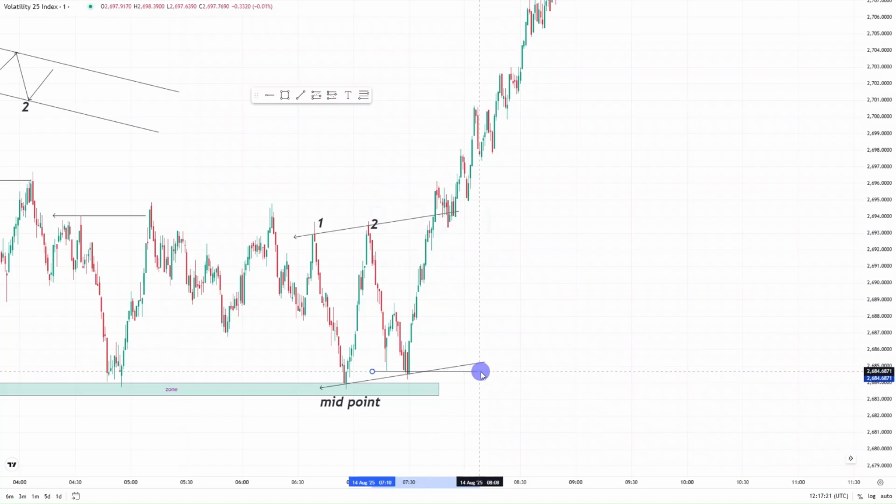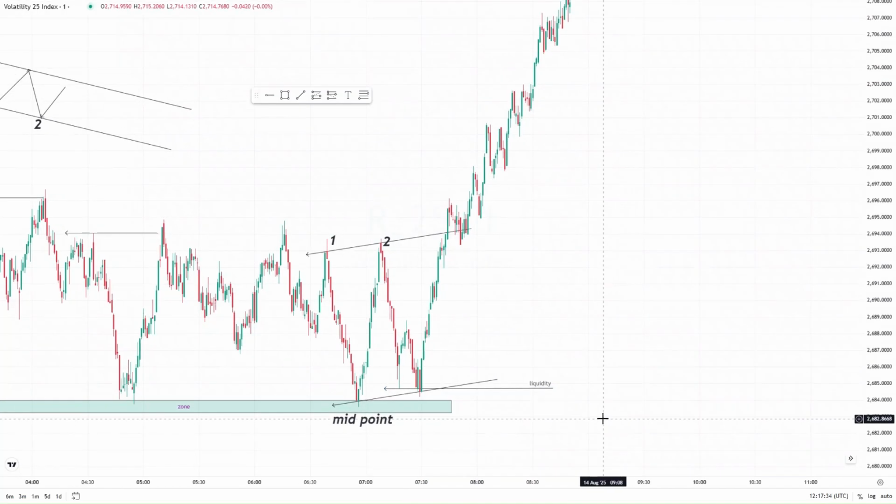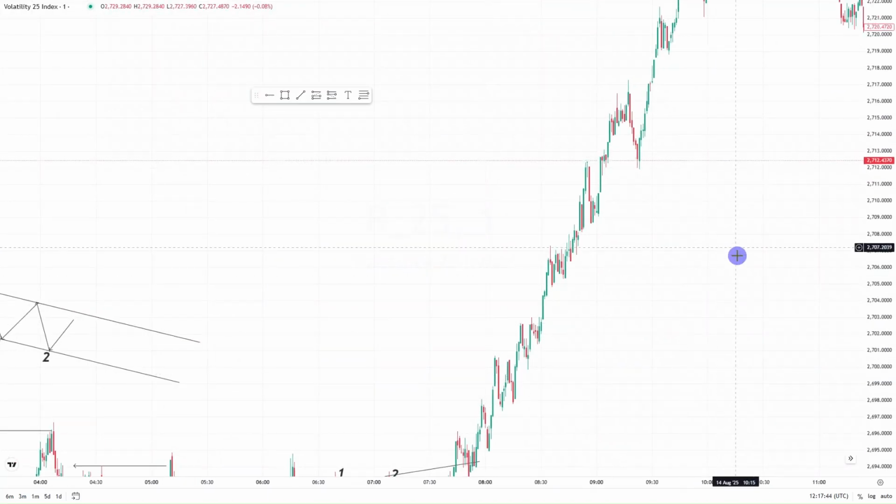So this would be your liquidity being taken out. Notice how price has taken out that low right there, right? And after taking out that low, it starts to shoot higher.